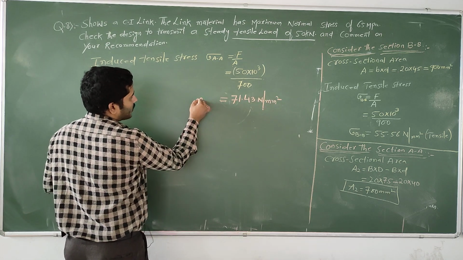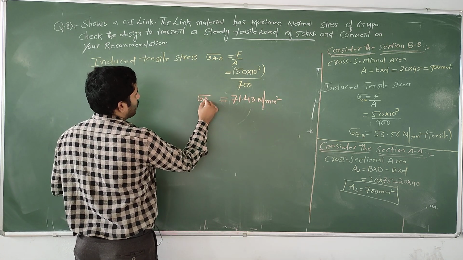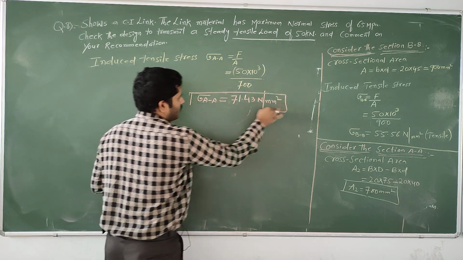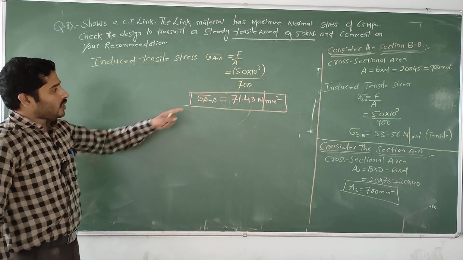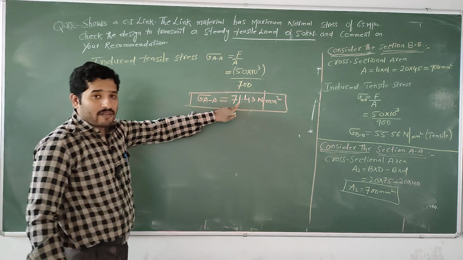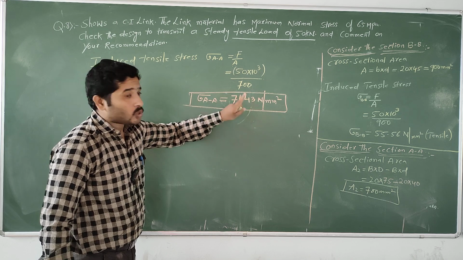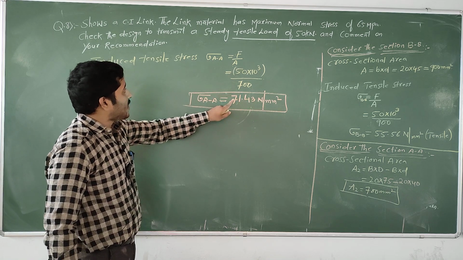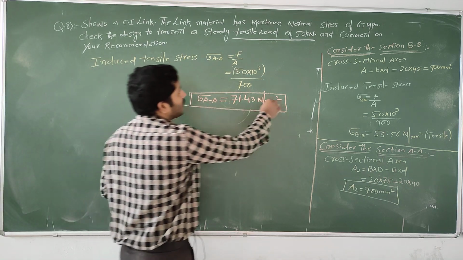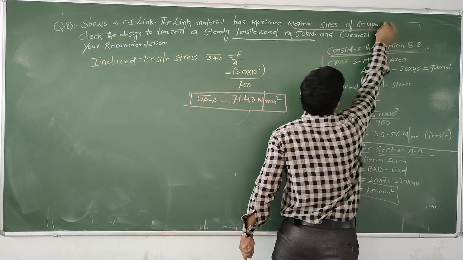That is the value of the induced tensile stress. So the induced tensile stress at A minus A is 71.43, which means it is more than the normal stress.